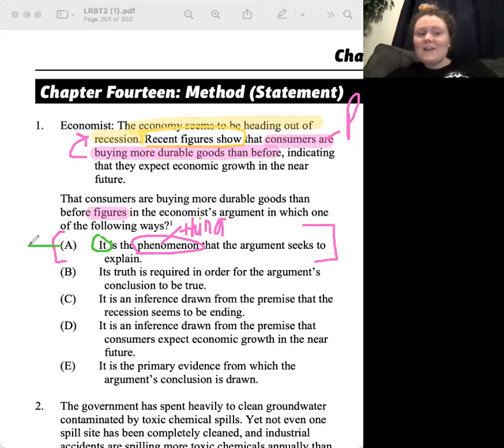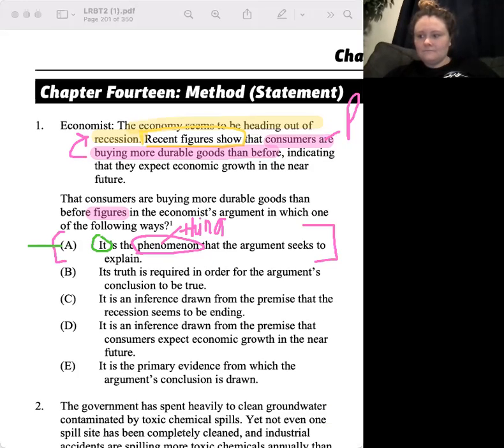If the answer choice was ever the conclusion, this might be how it would be worded. I'm making you think backwards, just to stretch your brain a little bit. So A is actually the conclusion. That's not the correct one, but that would be one way to describe the conclusion.